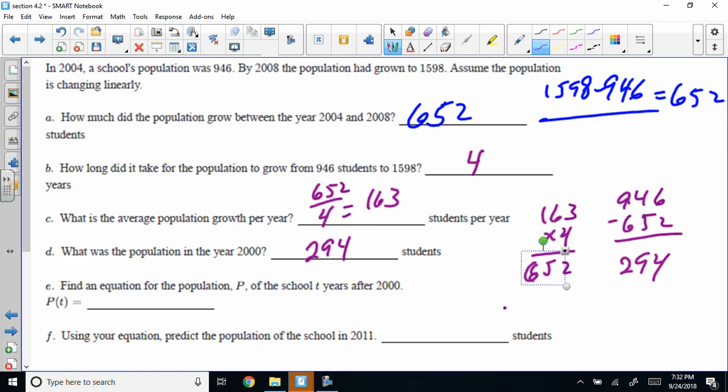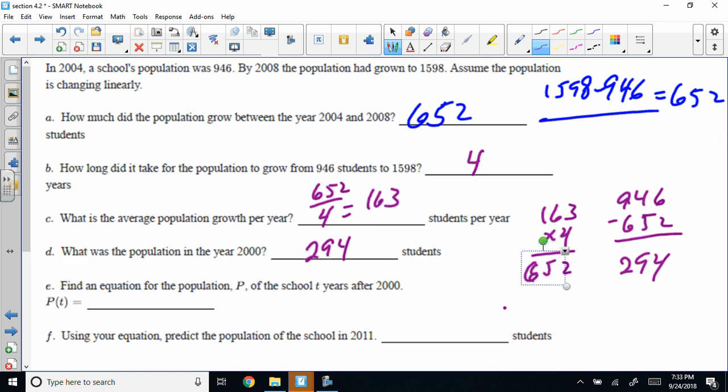So, folks, why did they have us find 2000? Read that question. Find an equation for the population of the school T years after 2000. Ladies and gentlemen, what was the population in 2000?